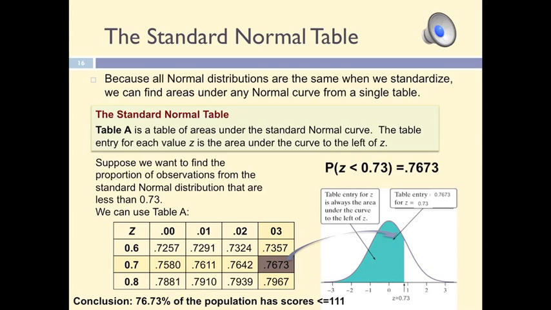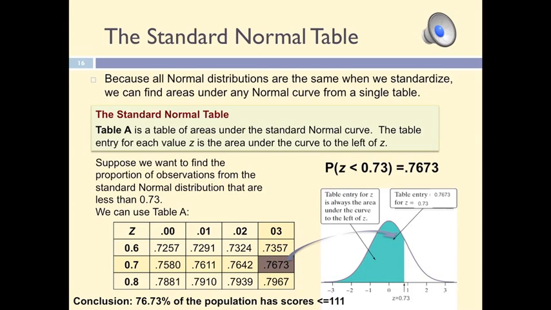Z-scores on the negative side are listed on one page, whereas scores on the positive side are listed on the second page. For instance, for our z-score of 0.73, we first have to find the row for the value 0.7. After we find this row, we go across columns until we find the column that corresponds to the third digit. In our case, this column is 0.03, or the third column.